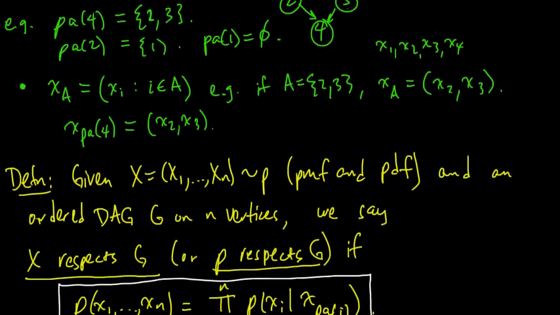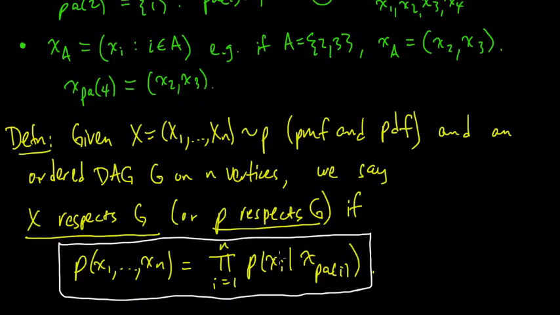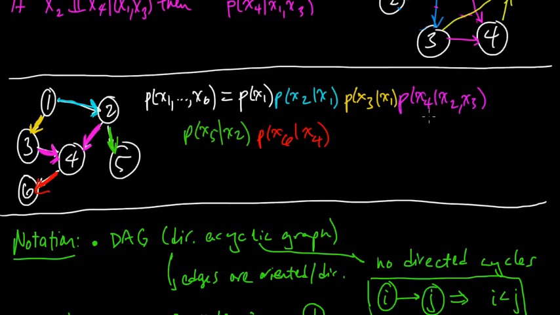So just to draw the connection, each of the factors in this product corresponds to a factor in the product we wrote before. For example, when we wrote down the factor for x4 given x2 and x3, it was because 2 was a parent of 4 and 3 was a parent of 4. And that's exactly what this is doing.